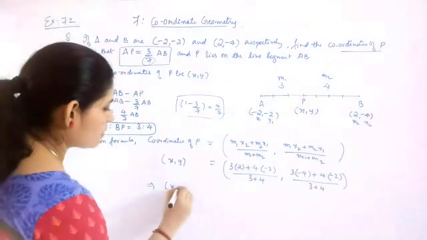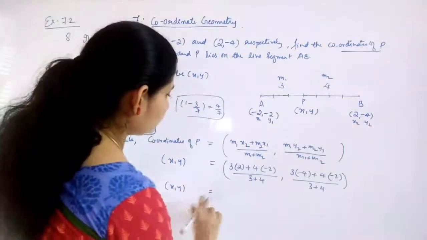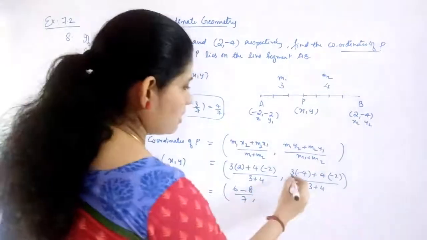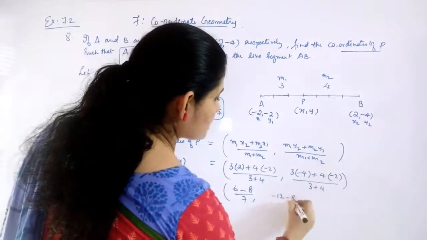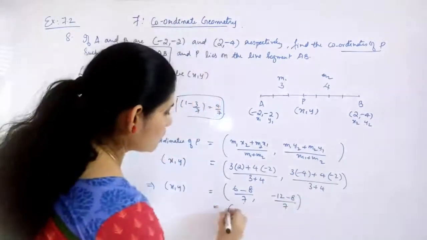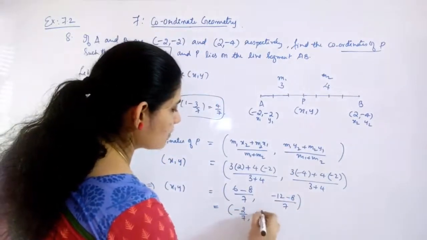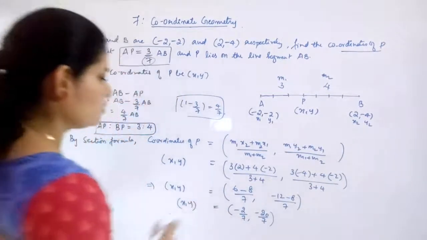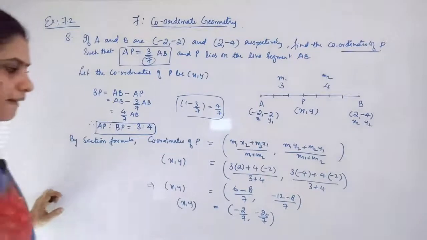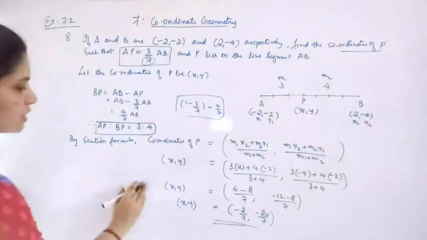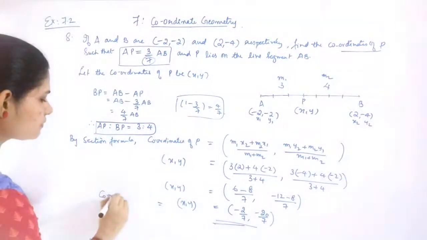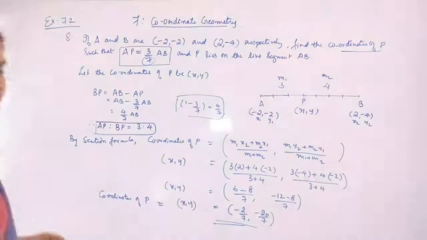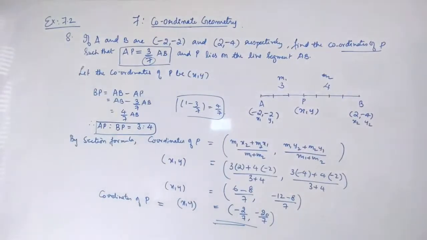That is, x comma y is (6 minus 8) by 7 comma (minus 12 minus 8) by 7, or minus 2 by 7 comma minus 20 by 7 is your x comma y. Therefore the coordinates of P are this much. Okay, what is x comma y? Coordinates of P: minus 2 by 7 comma minus 20 by 7.